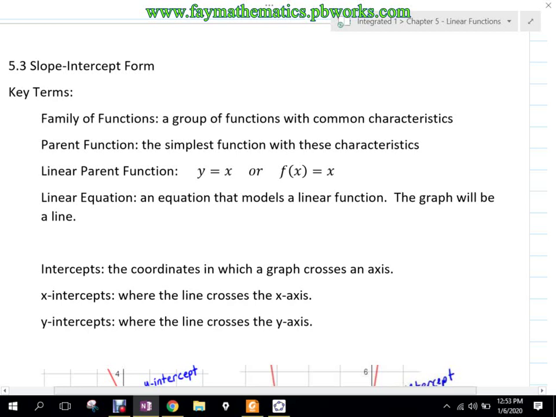So all lines are functions, unless they're vertical, and we kick those out, those are not functions. But all other lines are functions, and they have similar characteristics visually as a graph, but they also have similar characteristics as an equation, okay?